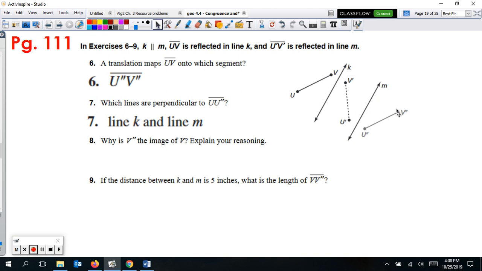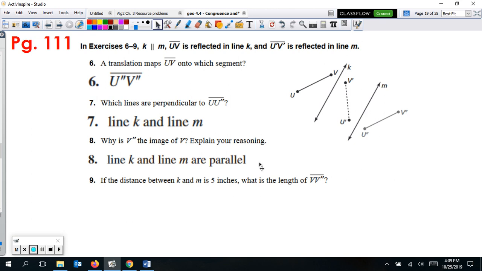That's what it's going to say here. Because line K and line M are parallel, that's why it can be just one single translation. So we don't have to go to this one, we can just go straight from here over to here, and that says that that is the image of this one. This can be the original for this one using a translation.